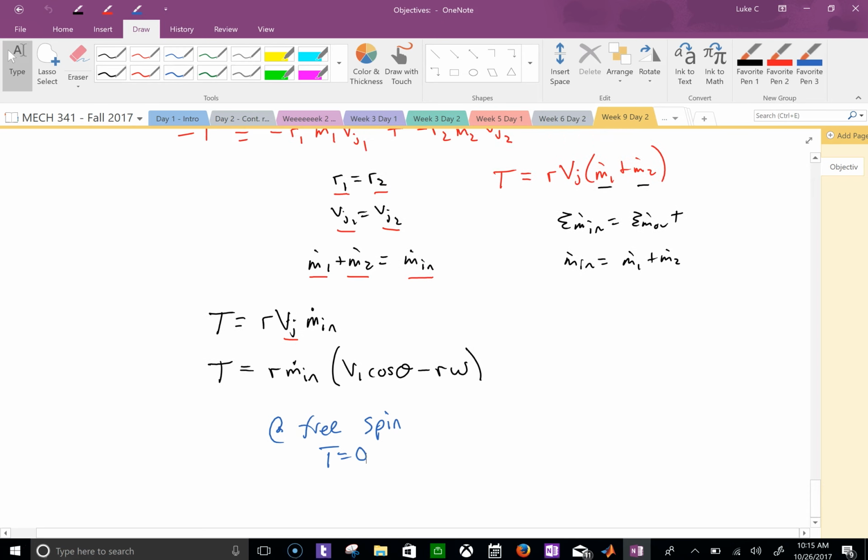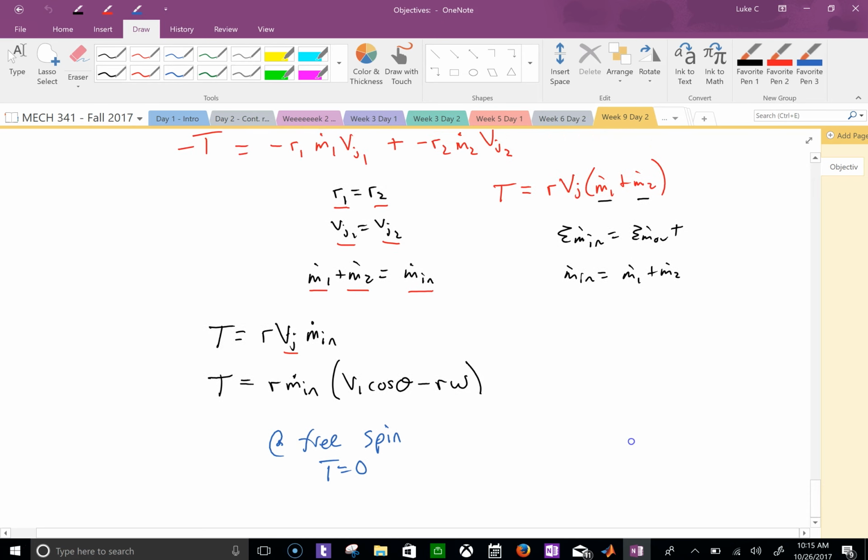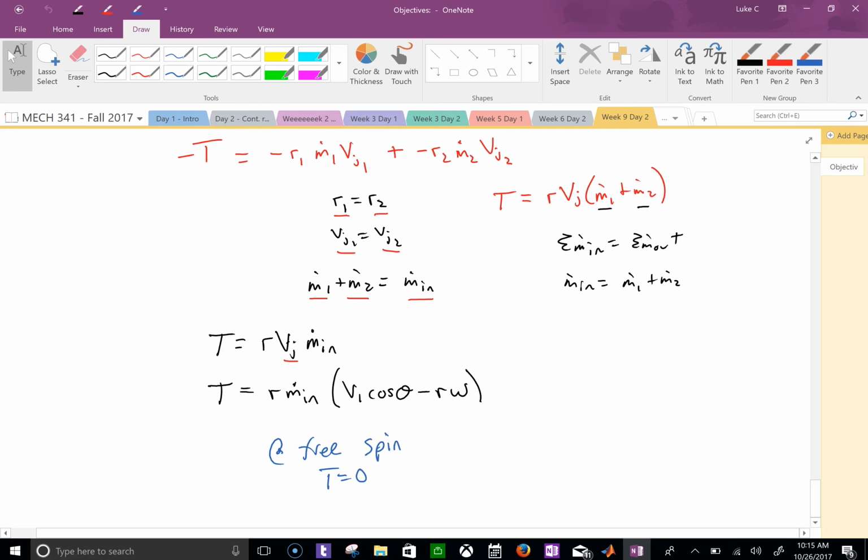Right there, wouldn't that T be R VJ, R velocity of jet, M1 minus M2? Because you changed the symbol and everything, so it would be that minus that. So you'd have M1 minus M2, right? No. I'm going to put arrows here.